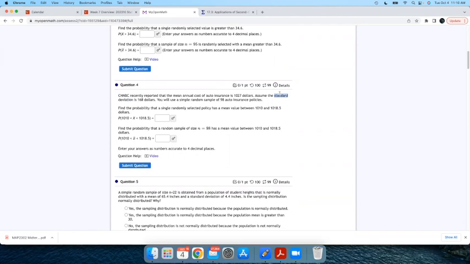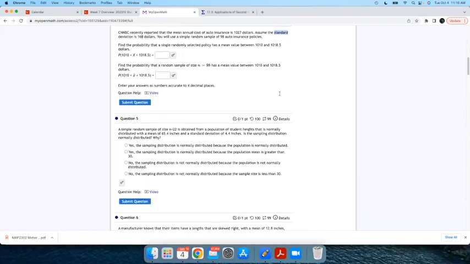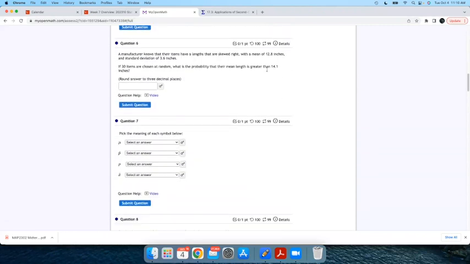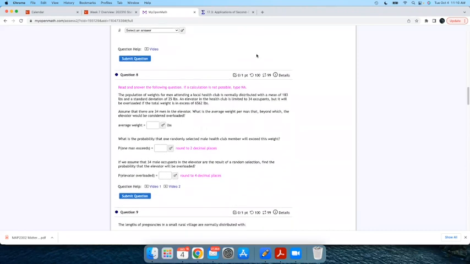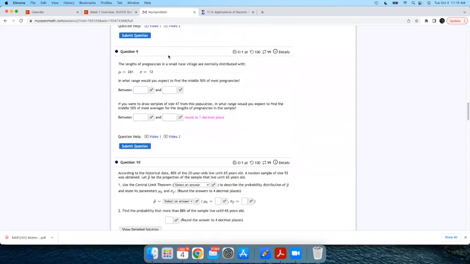That's a mean problem. Not going to have P's and Q's and P hats and Q hats, success, failure, none of that. I see the word mean, mean problem. So most of these are mean problems.